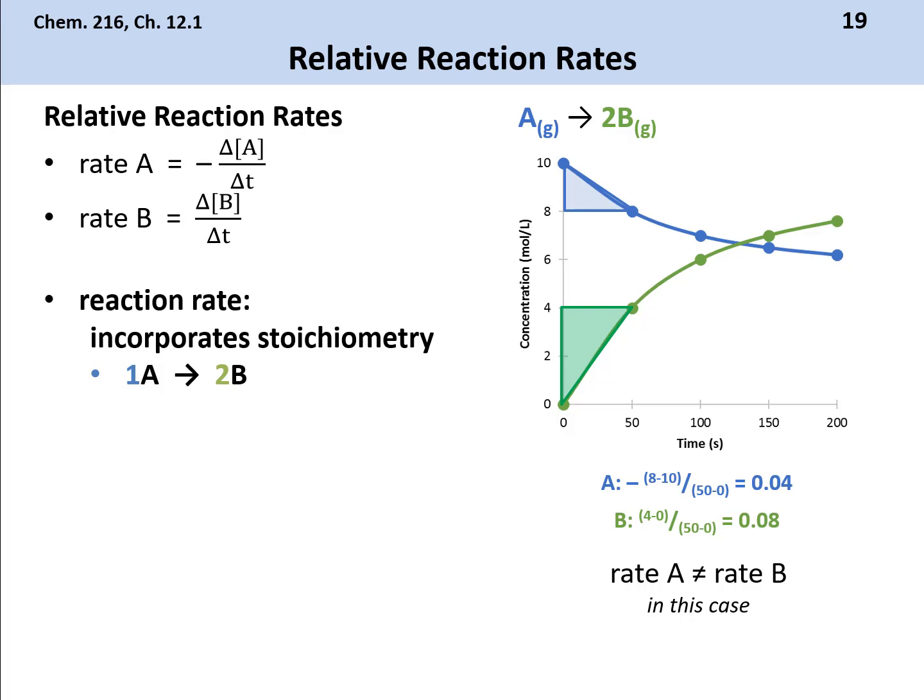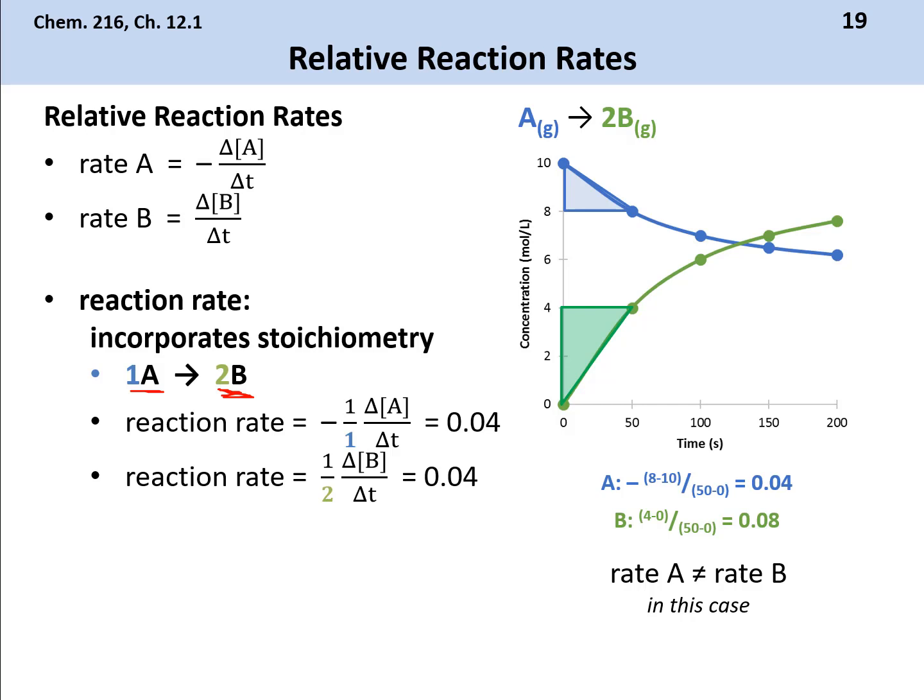Notice how 1A goes to form 2B, right? So what that means is, as I lose 1A, I'm producing 2Bs. So I'm producing B faster than I'm losing A. So the reaction rate, we can have a generalized reaction rate by taking the reaction rate and dividing by that stoichiometric term.